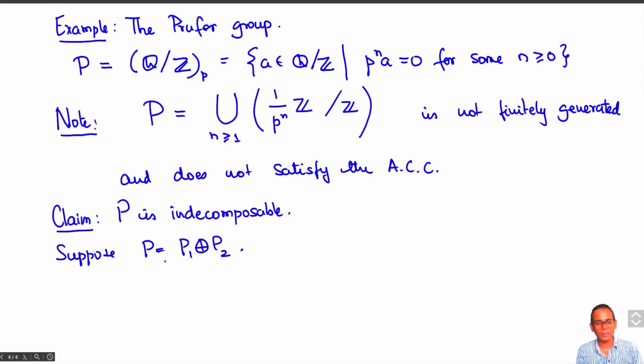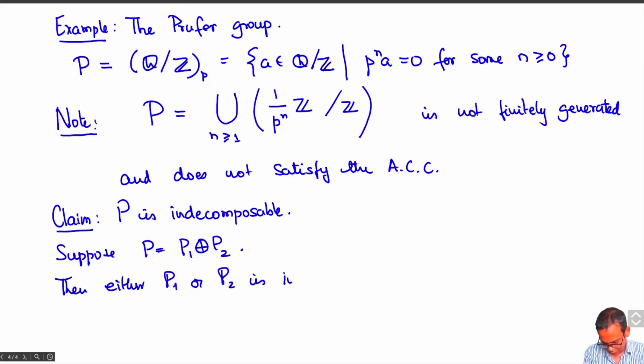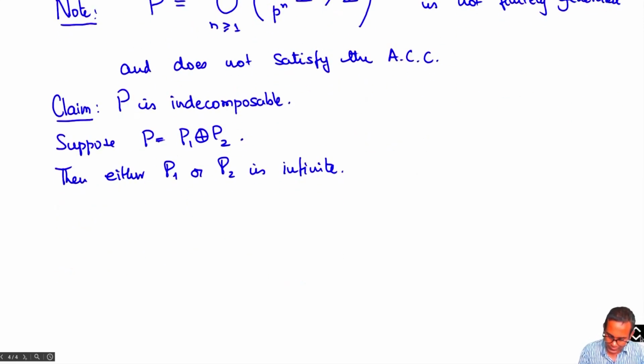So how do we show that one of them is equal to P? If P is P1 plus P2, we cannot have that both P1 and P2 are finite, because then P would be forced to be finite, but it's clearly infinite. So either P1 or P2 is infinite. And I'll show that whichever one is infinite is going to be all of P, and the other one has to be 0.